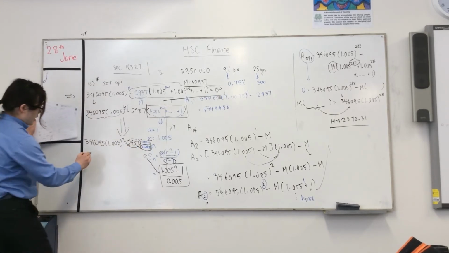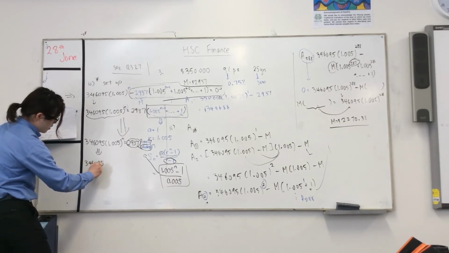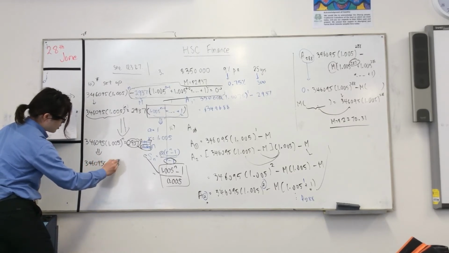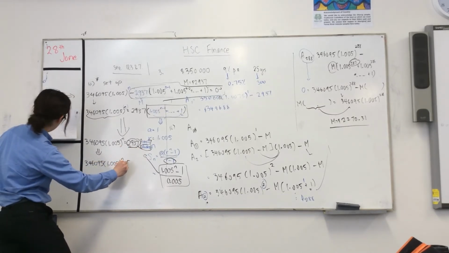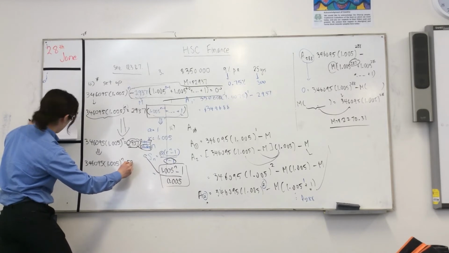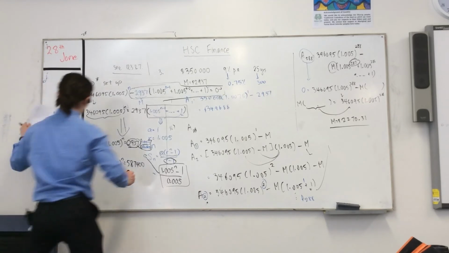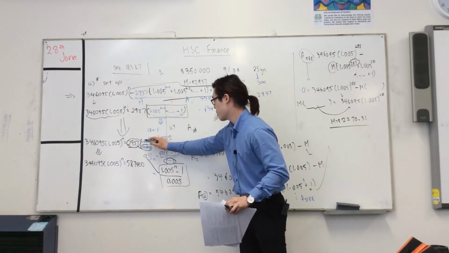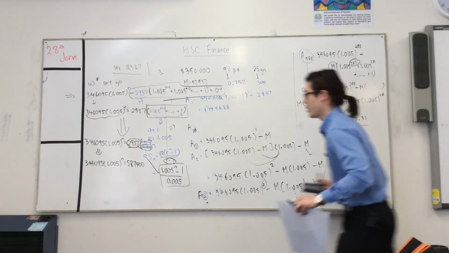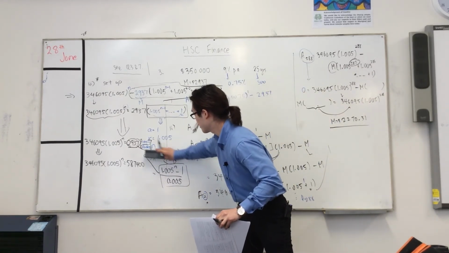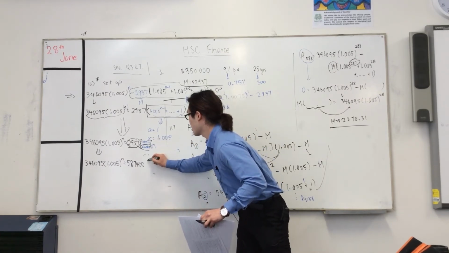Okay, so anyway, next line. Now, 2937 divided by 0.005 is 587,400. And then this, I'm going to have to rub out this bit. Is that okay? What comes after this is just the top.